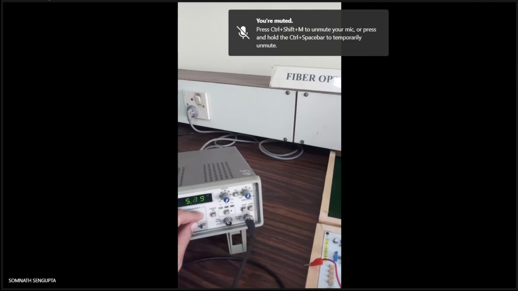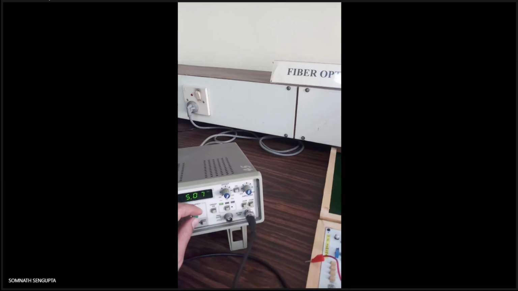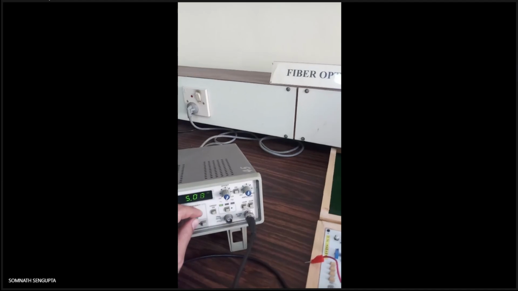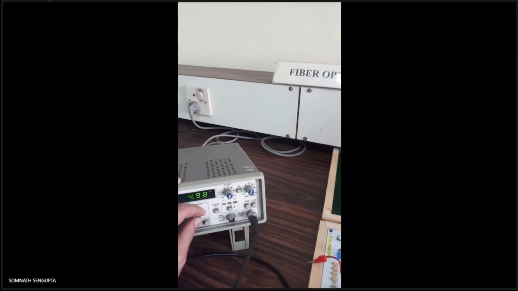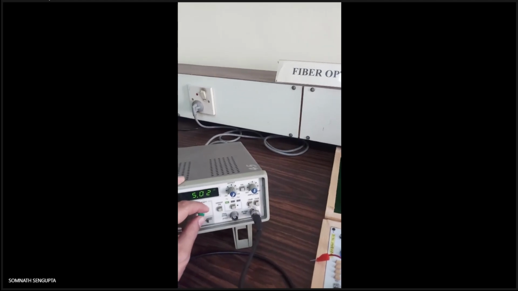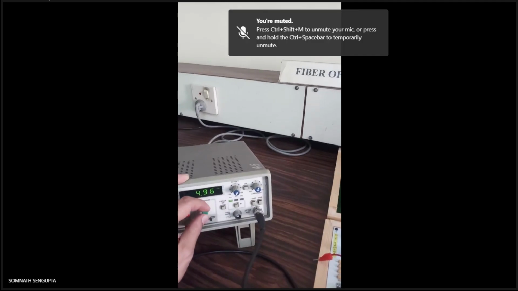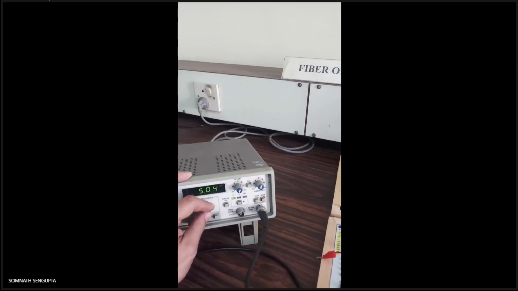So lastly, you have to show me when all the readings will be taken. You have to show me the overall results. Okay. I am not noting down the results, but I know the final reading.